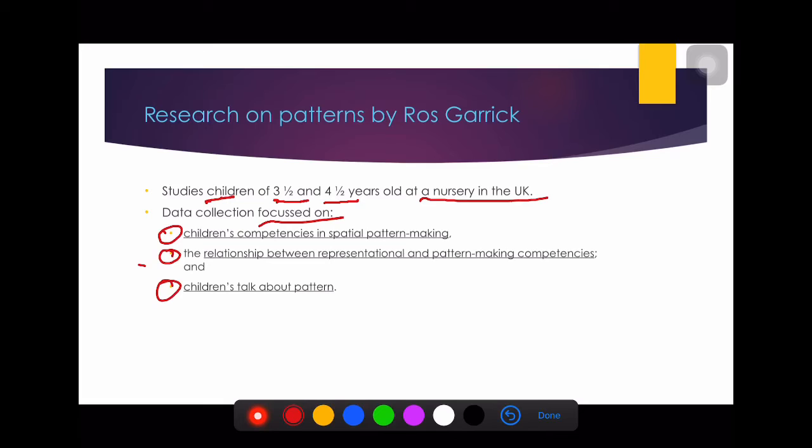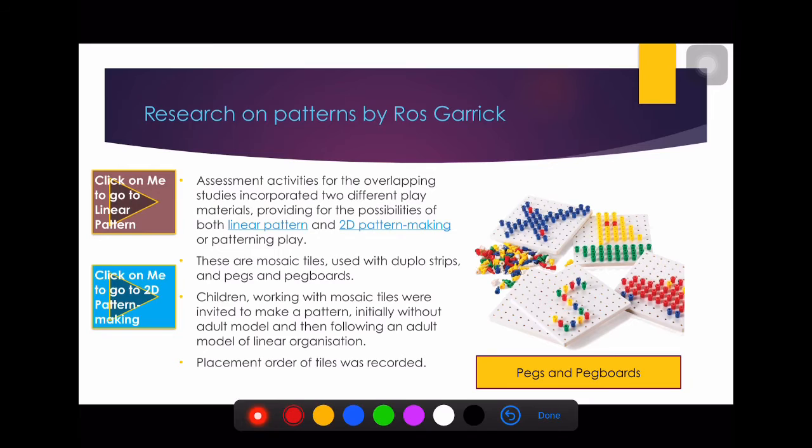Number 2, the relationship between representational and pattern making competencies. And number 3, children's talk about pattern. The researcher looked at assessment activities for the overlapping studies, incorporating 2 different play materials, providing for the possibilities of both linear pattern and also 2-dimensional pattern making or pattern playing.